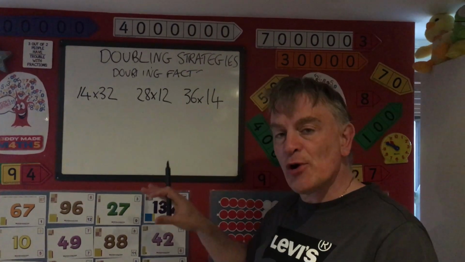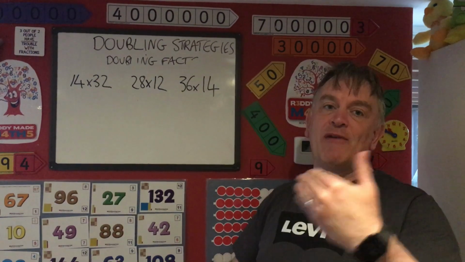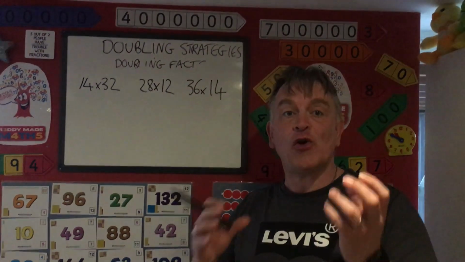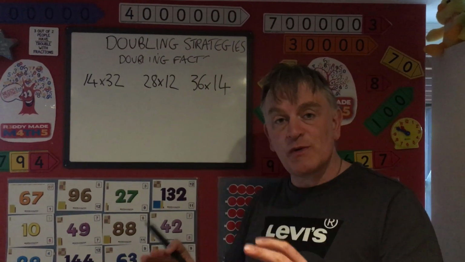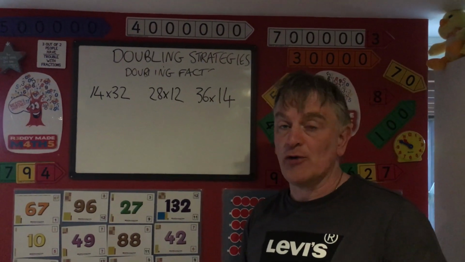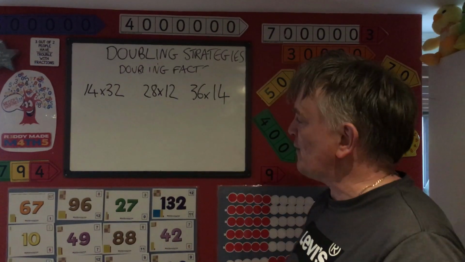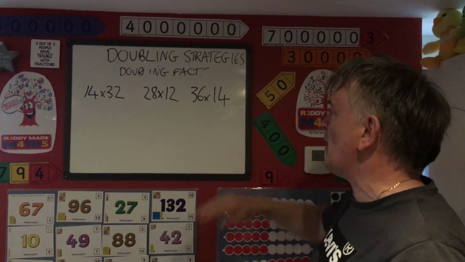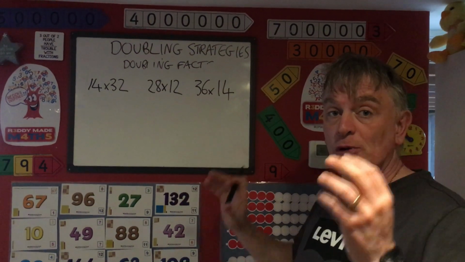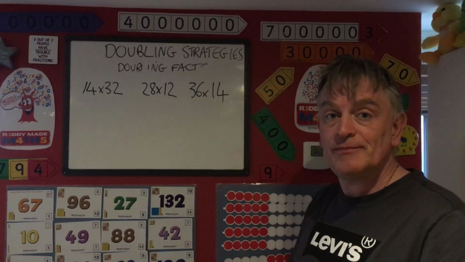These ones are slightly more complicated, and you might need to go back a little bit further. This is greater depth, just to see if you can start with a simple calculation and use that idea of doubling up the strategy until eventually you get the product. So have a look at 14 times 32, 28 multiplied by 12, 36 multiplied by 14, and let's just see if you can double up and get a product.